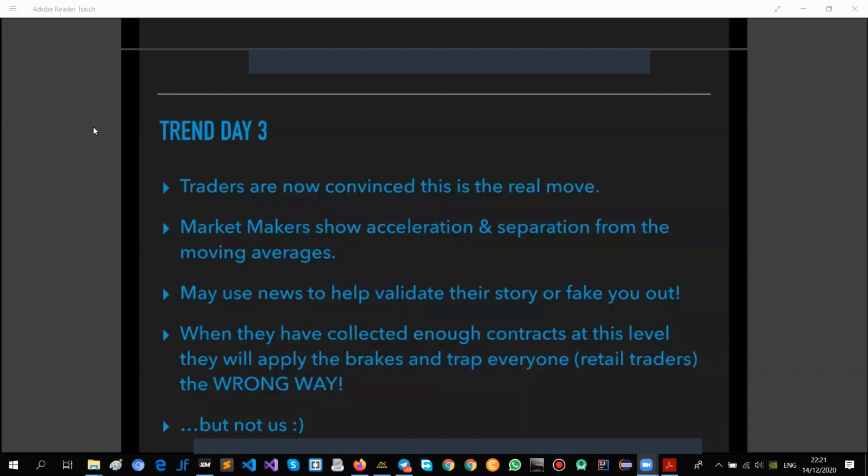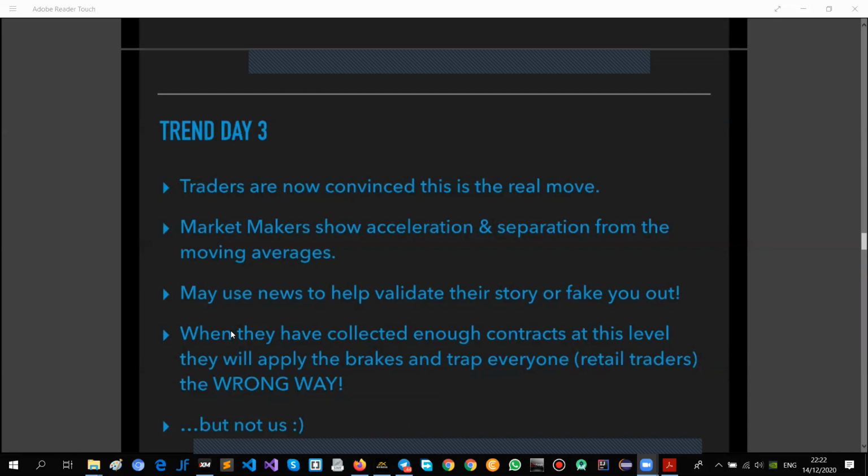News is just there for the market makers to hide behind and to move the market, for they cannot just move the market and show acceleration of volatility for no apparent reason. They need news to hide behind so that they will make their moves.